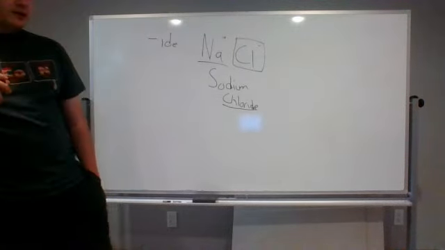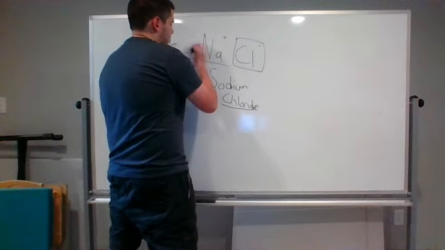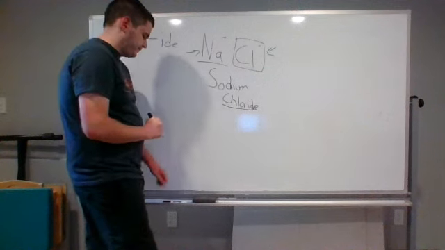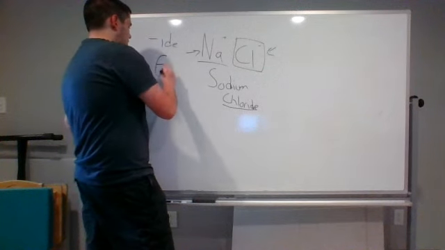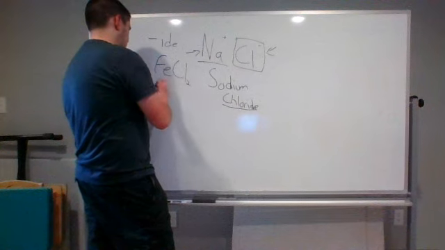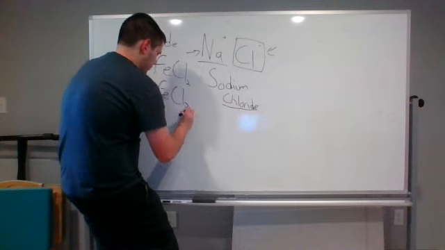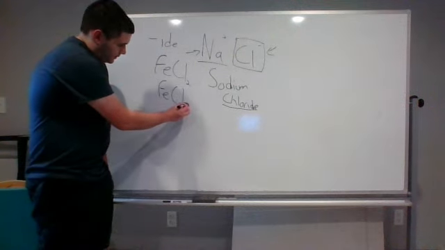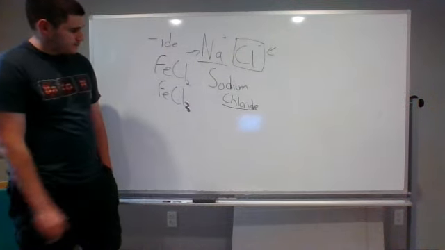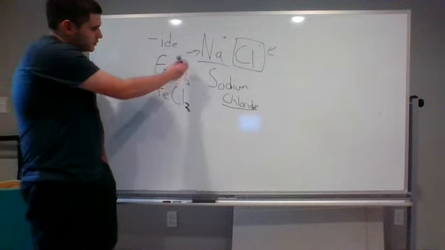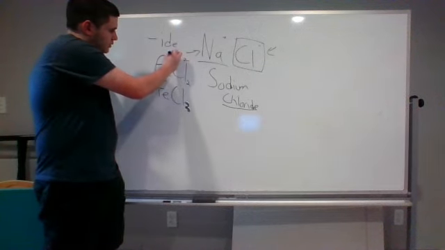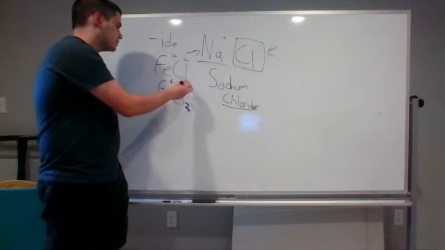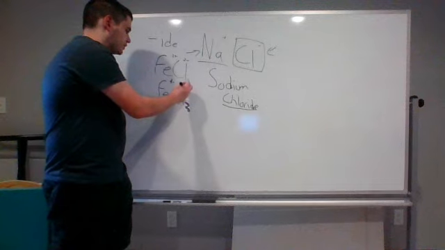These are your simple monoatomics, by the way. They do get more complex. So if we were to take FeCl2 to FeCl3, and yes, I am right, how could iron have both a 2+ and a 3+?